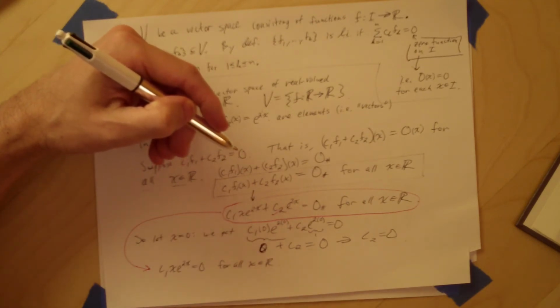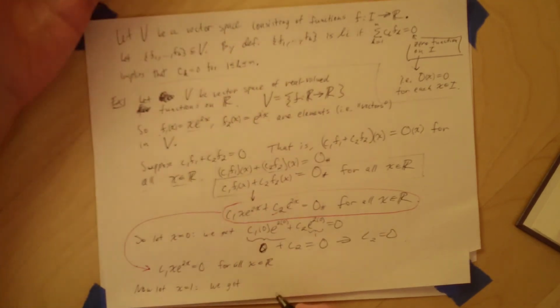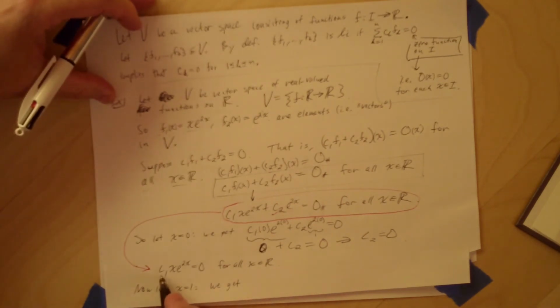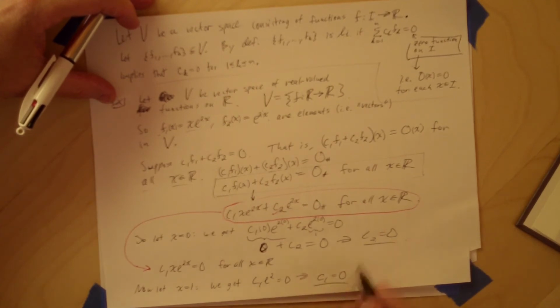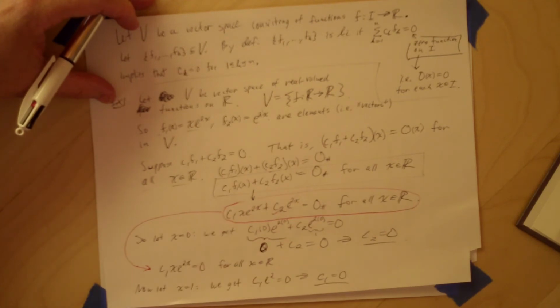Now let x equal 1. We get c1 times 1 times e to the power of 2 equals 0. Well, c1 times e squared equal to 0 can only happen if c1 is 0. So c1 and c2 both have to be 0. So this shows that, in fact, f1 and f2 are linearly independent.